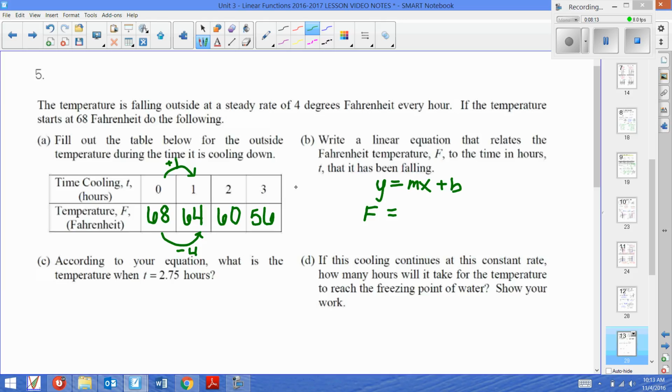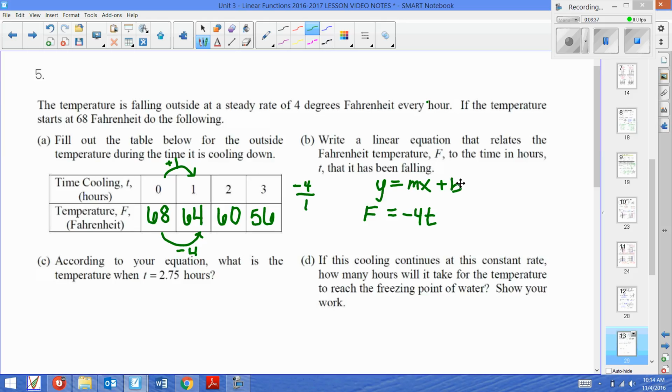So my slope is actually negative 4 over 1, which we could write as negative 4 over 1, or negative 4 divided by 1 is just negative 4. So we're dropping 4 degrees every hour, which is t.